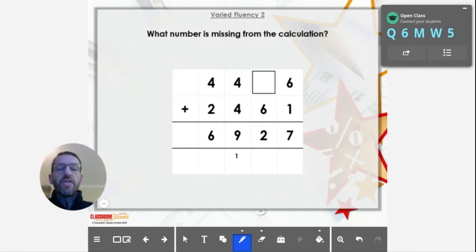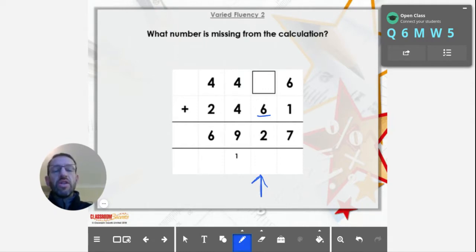In this question, you're given the answer, but it is asking us what number is missing from the calculation. So there's a missing number problem. We know what the answer is. So if we look in the tens column that's here in question, we can see that their answer is 2, 20. But in the question part, we've got a missing number. There's a big clue because to a certain extent, it doesn't make sense. 6 add something equals 2.